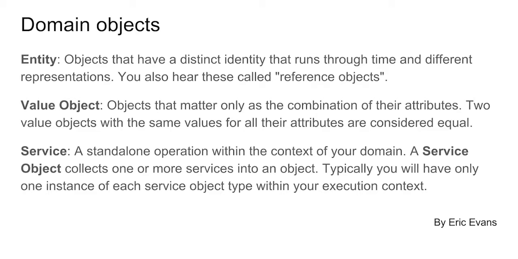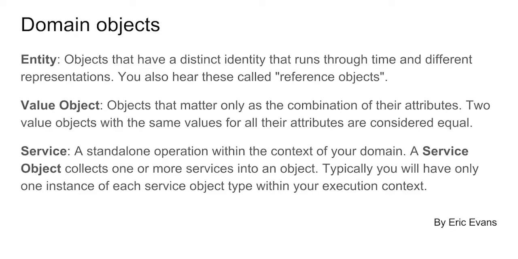The canonical example is the money object. Let's say we have two money objects, and each has a value and a currency code. If we had two objects with the currency code euro and the value of 10, we would consider them equal objects. There is no unique identifier to distinguish those objects.